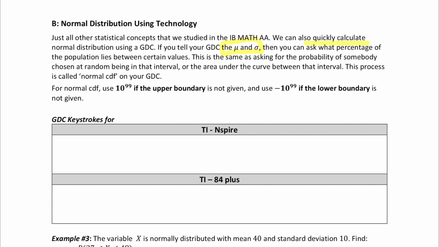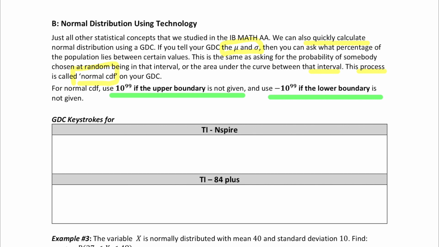And this is the same as asking for the probability of somebody chosen at random being in the interval, or the area under the curve between the interval. And this process is called normal CDF on your GDC. Okay, so for normal CDF, we always have to use 10 to the power 99 if the upper boundary is not given, and use minus 10 to the power 99 if the lower boundary is not given.